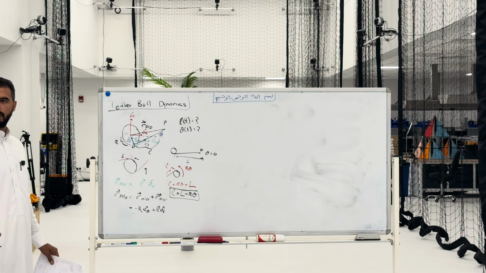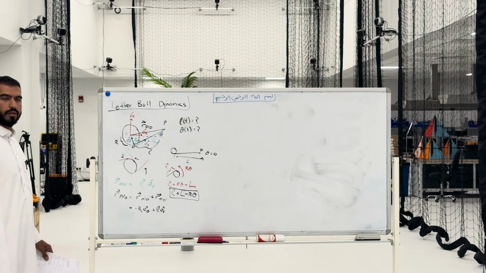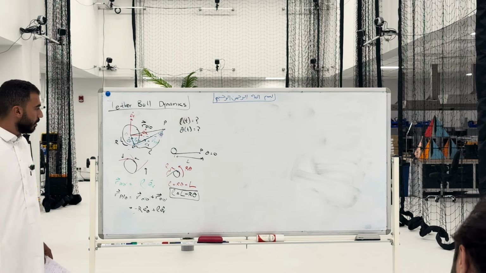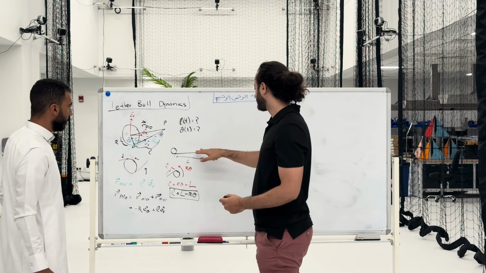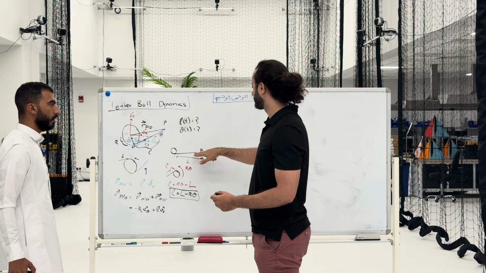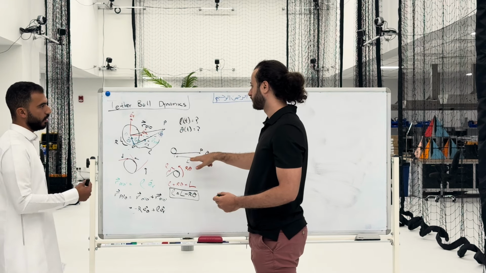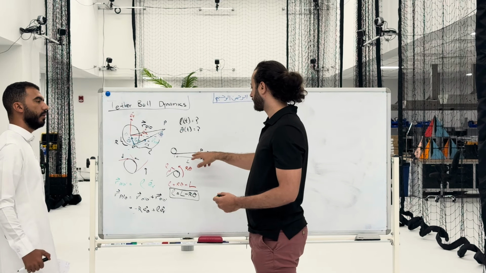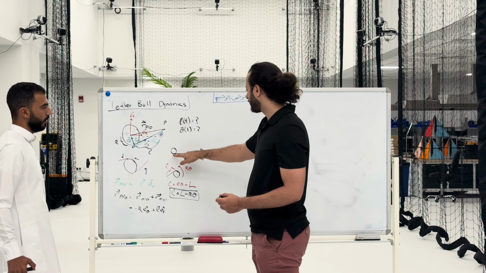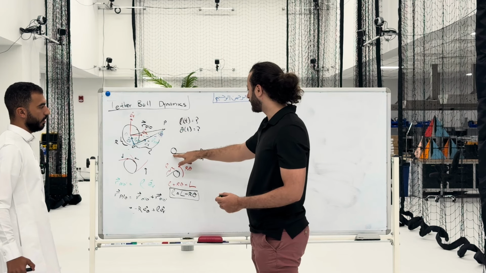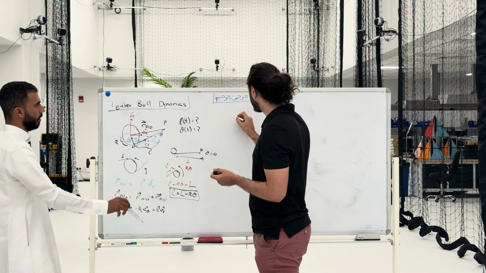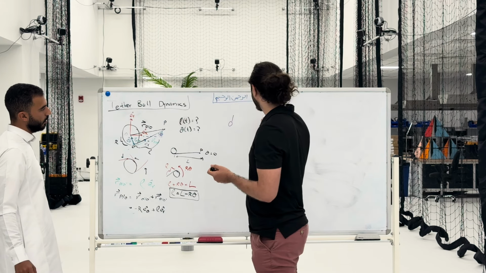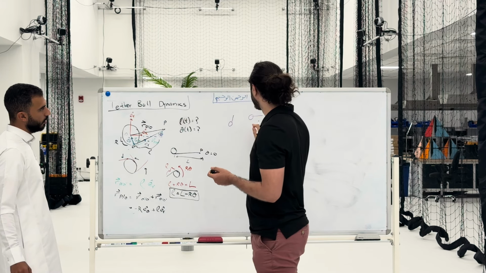Make sense? There's one thing that still makes me uncomfortable. This is not an elastic string, right? I mean, it's a cable. But in practice, when they actually hit it, it's always gonna be like this or like this.